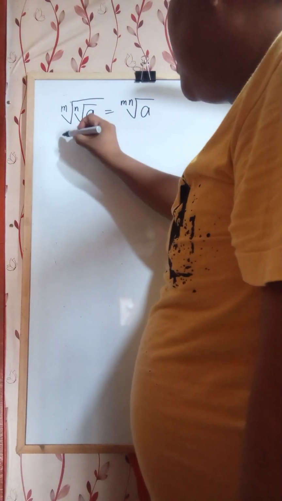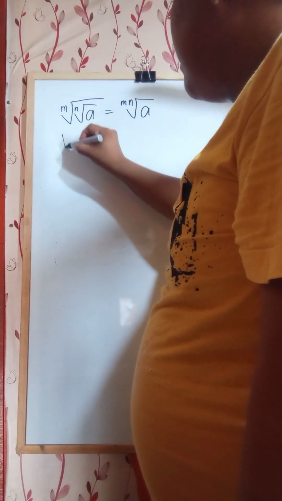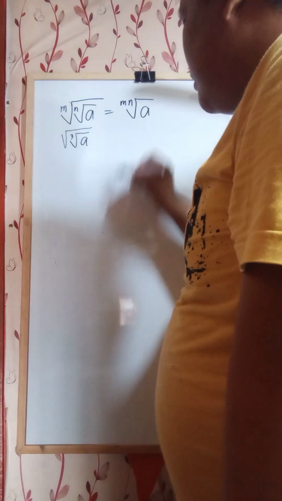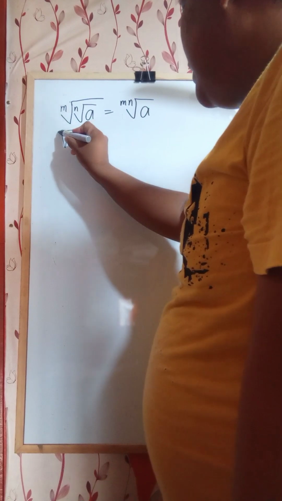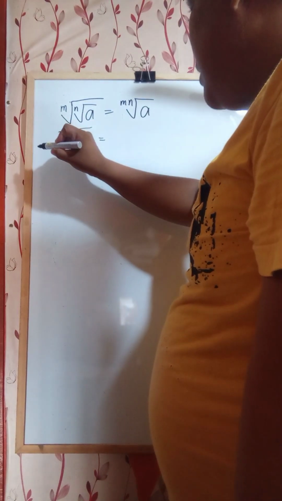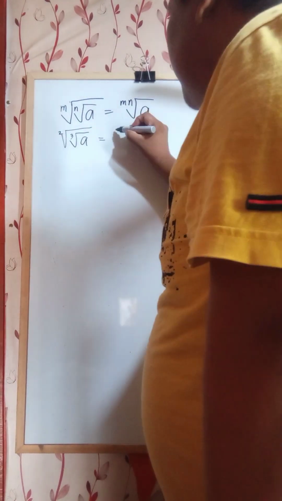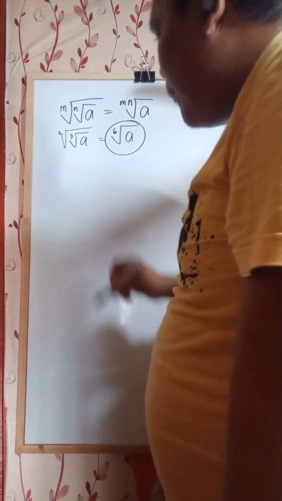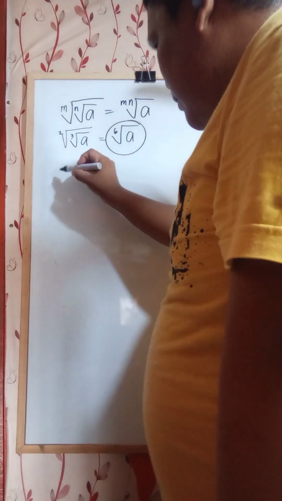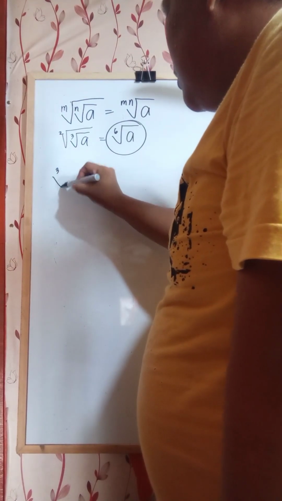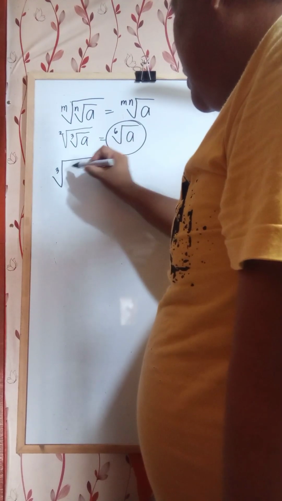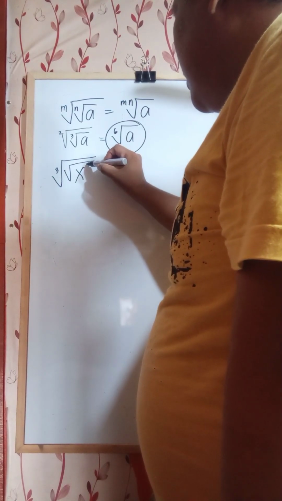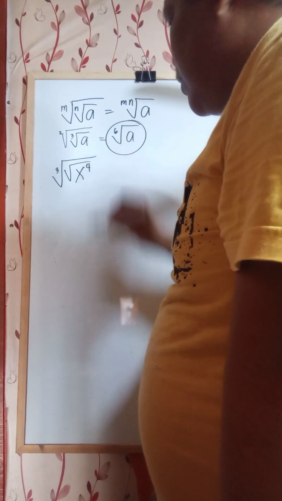Let's take for example the square root of the cube root of a. All you have to do is multiply this one and this one. 2 times 3 is 6. So it becomes the 6th root of a. Another example: the cube root of the square root of x to the power of 4.